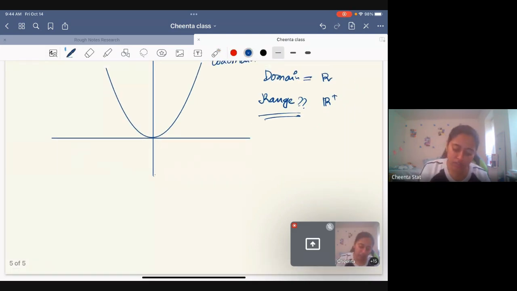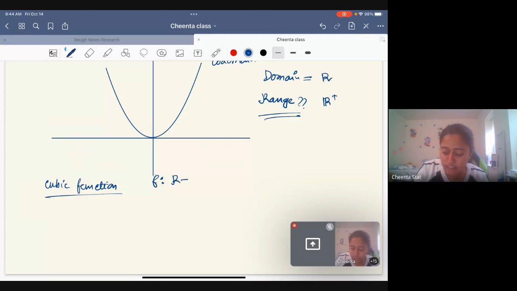And now coming to the cubic function, you need to know the graph of this function so that you can get an intuition whenever you need to draw the graph of a very complex function on your own.